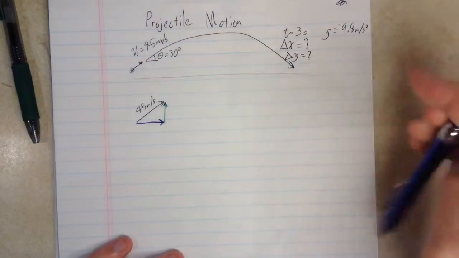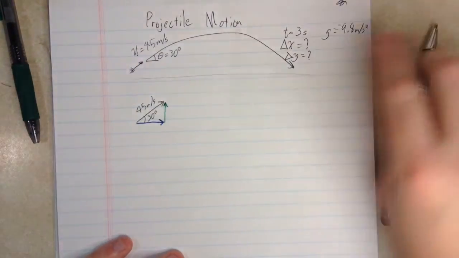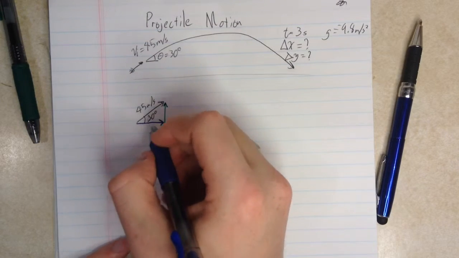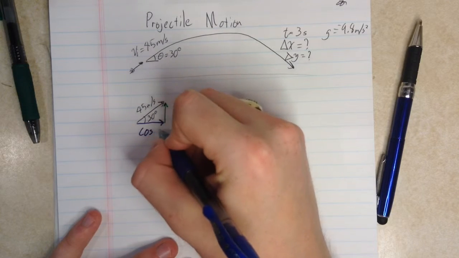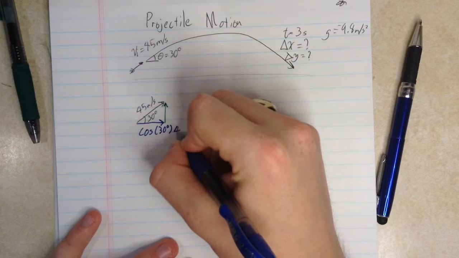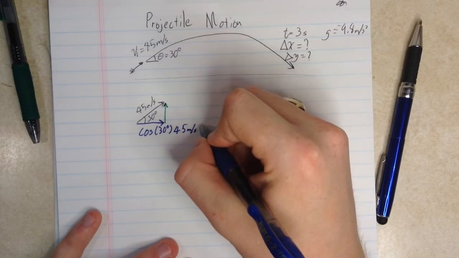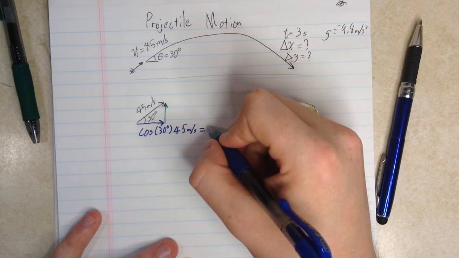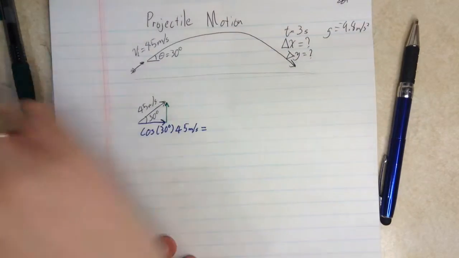We're given that this angle is 30 degrees, so this is our adjacent side. So our formula for this is that the cosine of 30 degrees times our total velocity of 45 meters per second will give us our Vix, our initial horizontal velocity.